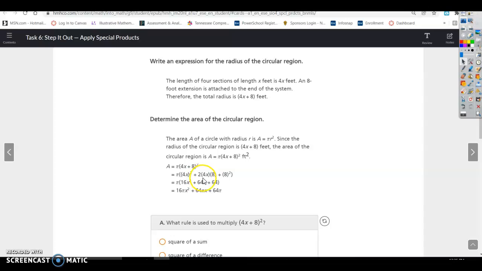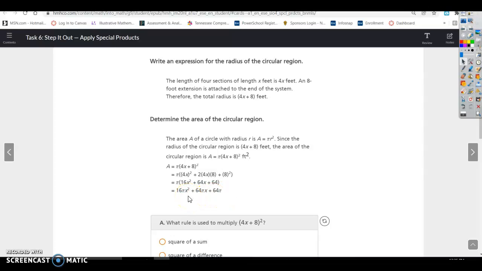And then the middle, 2 times 4 is 8, 8 times 8 is 64x. All right, and then 8 squared is 64. All right, so then now distribute the pi. Since pi is outside the parentheses, that means you multiply it by each term. So your final area is 16 pi x squared plus 64 pi x plus 64 pi.